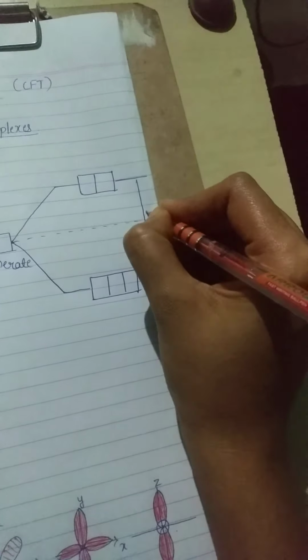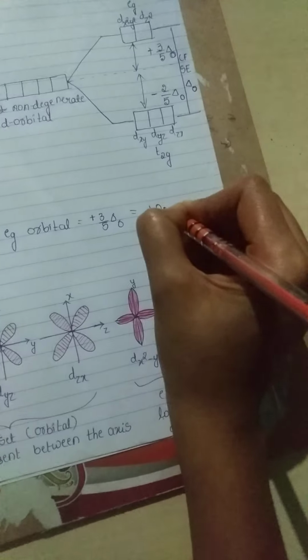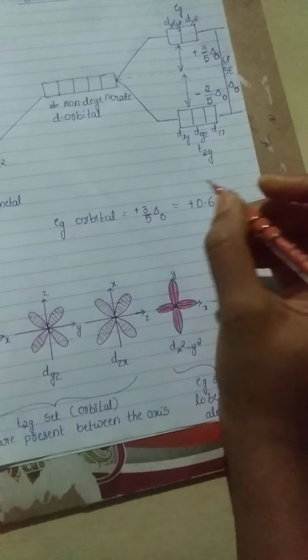Here we write the values: for EG orbital plus 3 by 5 delta naught, that is equal to plus 0.6 delta naught.